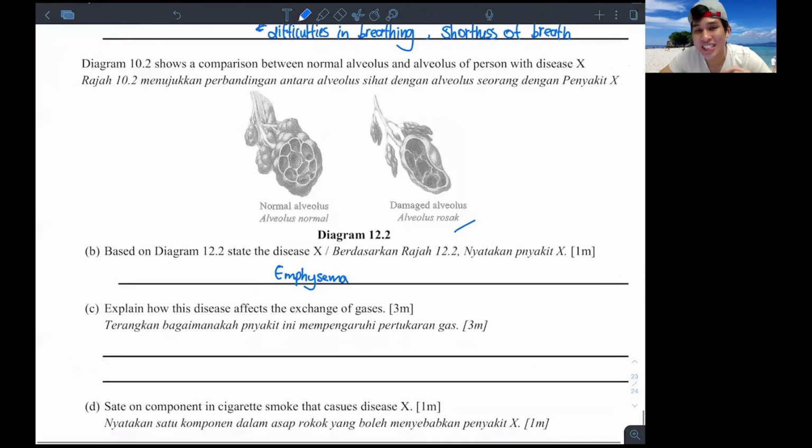Next, how does this disease affect the exchange of gases? You will describe what happens to the alveoli that affects gas exchange. What must we say? What happened to the alveoli?